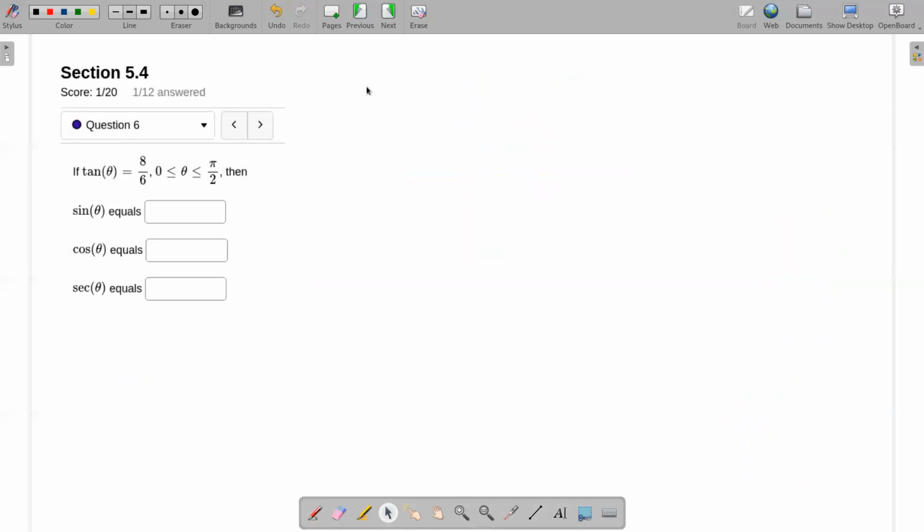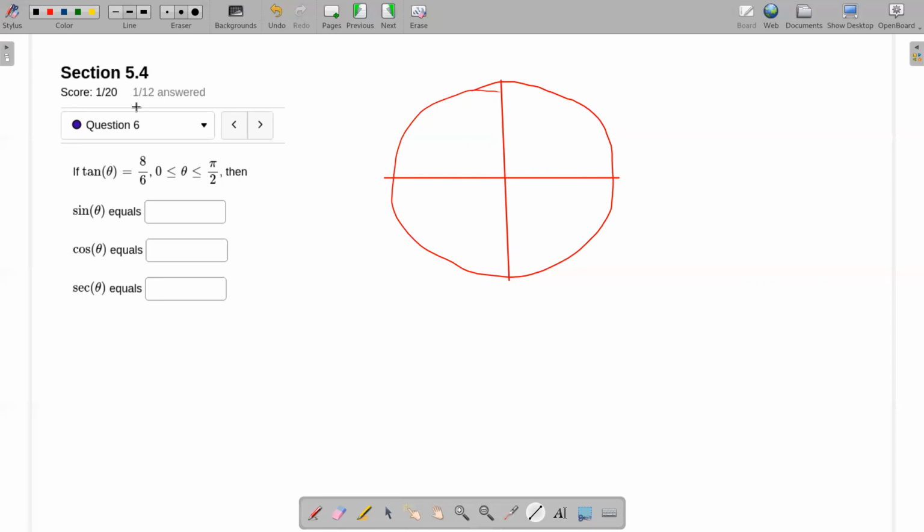So if I do it that way, starting with a circle centered at the origin, and I want a point on that circle where, and again, oops, a pen, 8/6 can be reduced.